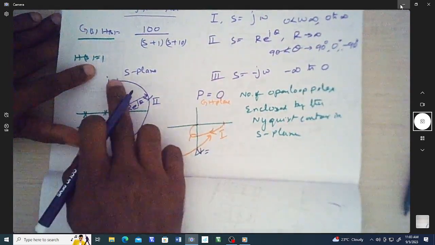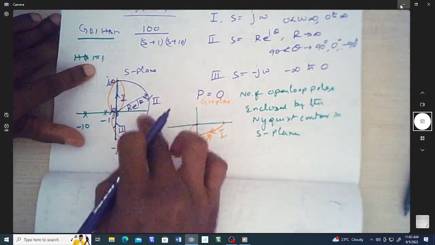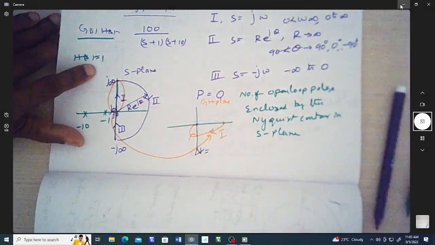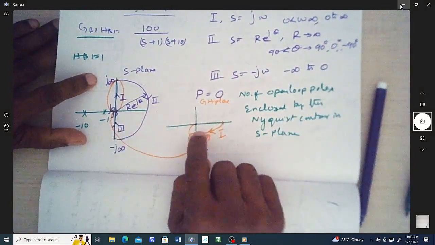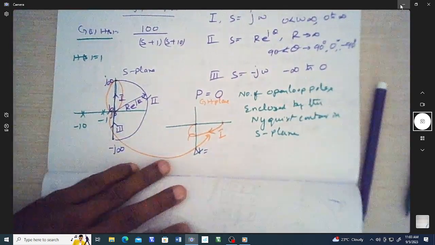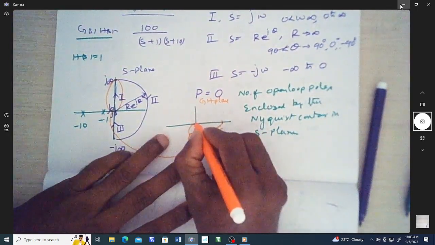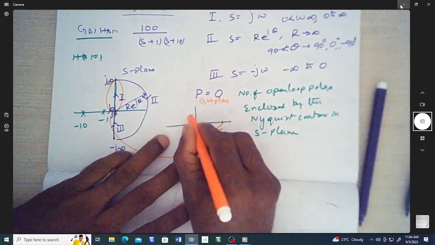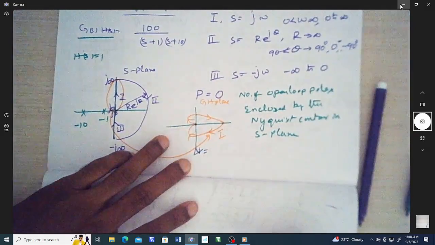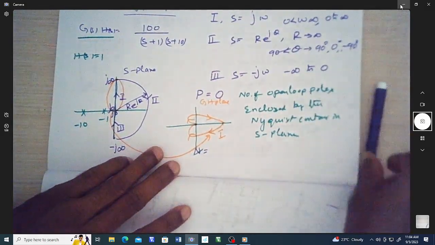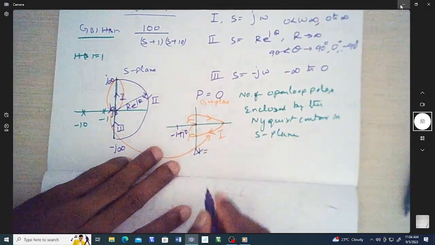Now we have mapped this one, which is exactly this, and we are trying to map this semicircle, which is a dot at the center, and we know that the third segment is exactly the mirror image of the first segment. So even without writing, you can still write this as the mapping of the third segment. Now you can see minus 1 plus j0 is here. Minus 1 plus j0 is this.